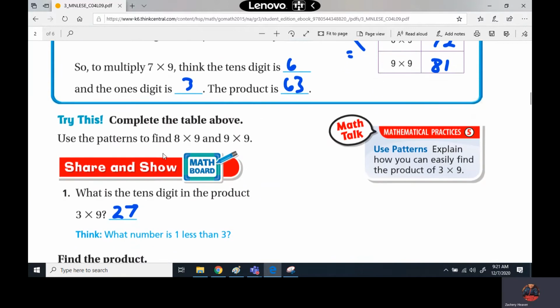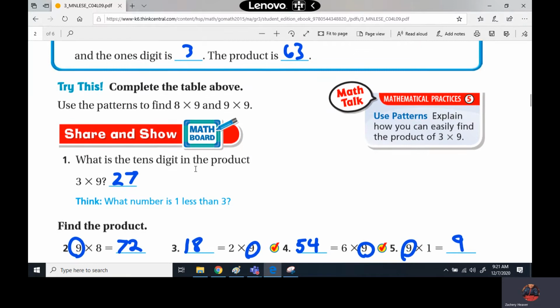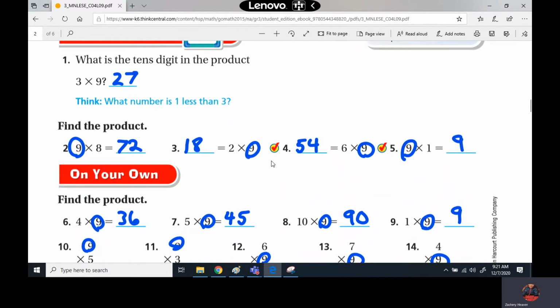So to use the patterns to find 8 times 9 and 9 times 9, first off, what's going to be the tens digit? Well, what's 1 less than 3? 2. And we know 2 plus what makes 9? 7. That's the answer. 27. I circled the 9s in all of these because that's the number we're focusing on, okay? We're going to look at the other number to determine the first digit in our tens.